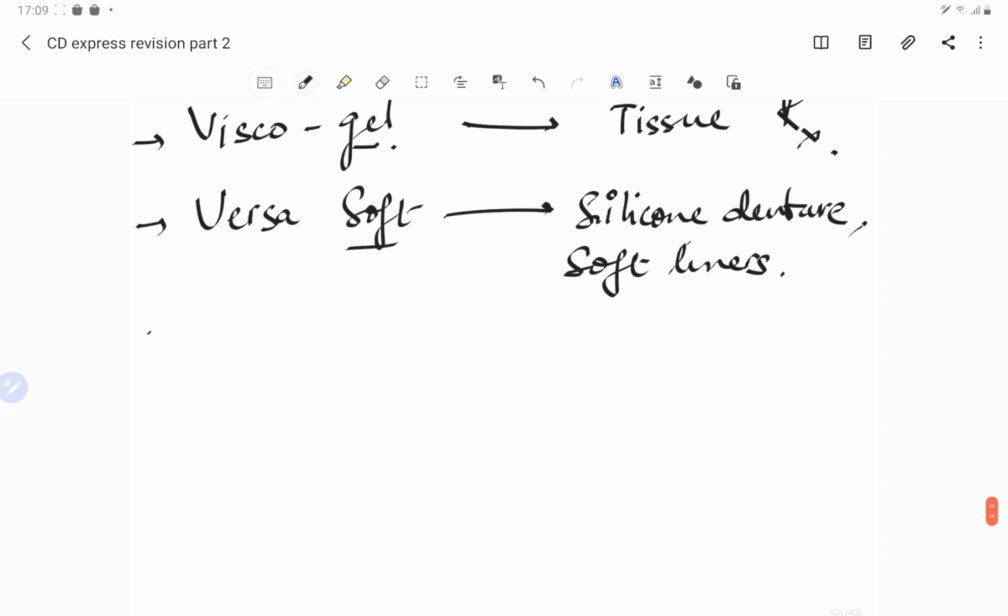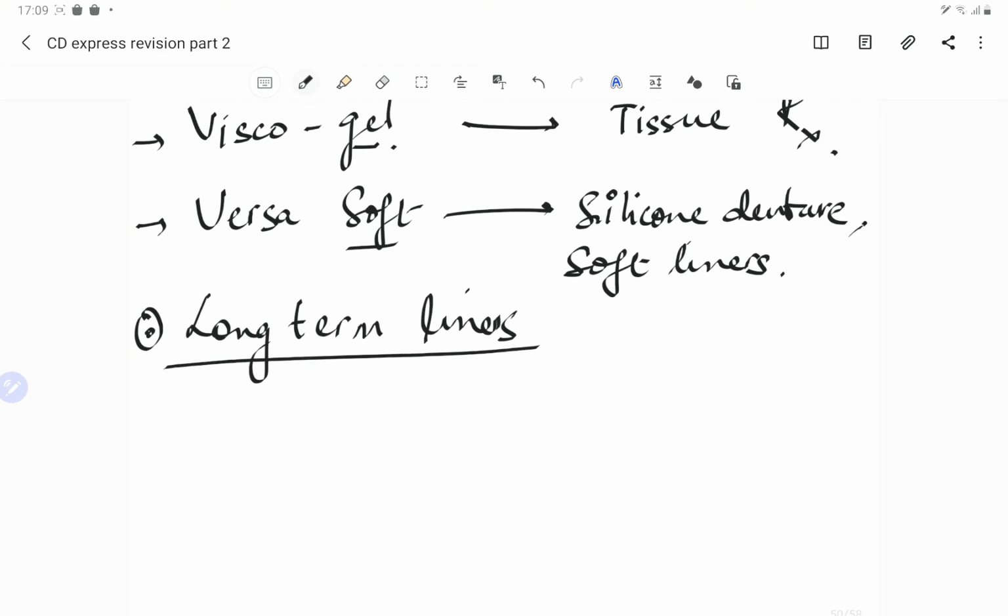Now talking about the long term tissue conditioners or long term liners. These are given for long term purposes, for example where the patient cannot tolerate the stresses due to the denture.